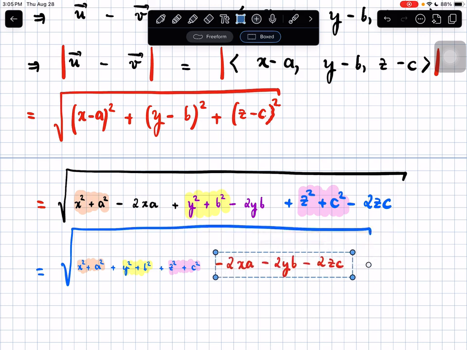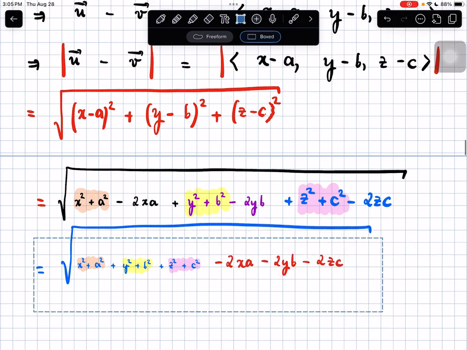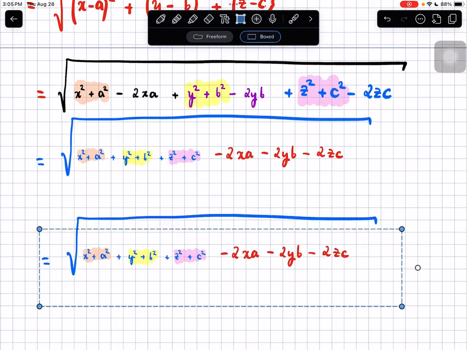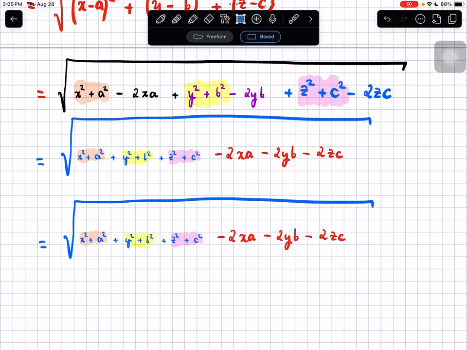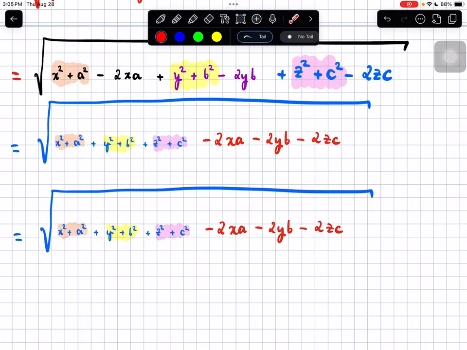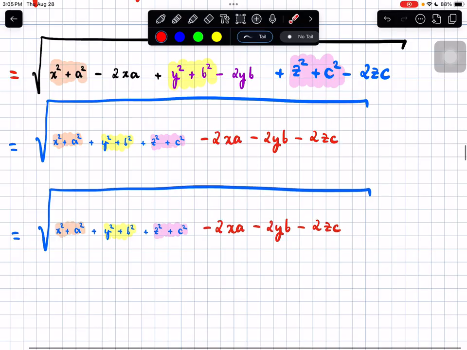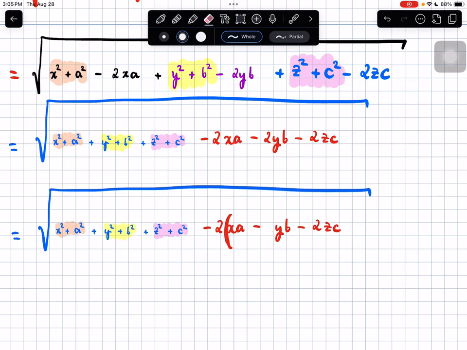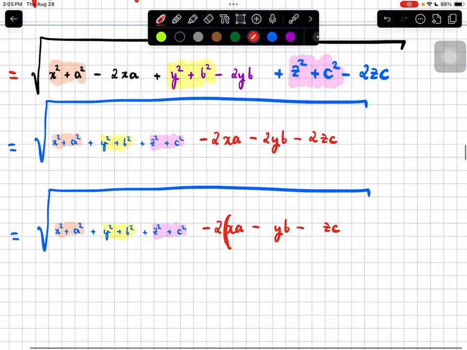We can go one step further and pull out 2, so inside we have plus plus.